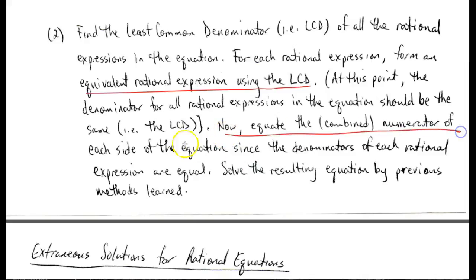And so because of that, we go ahead and equate the numerators for each side of the equation, because if the denominators are equal, then that means that the numerators would have to be equal as well. And that essentially gives us the same thing. However, it's a little bit more involved.